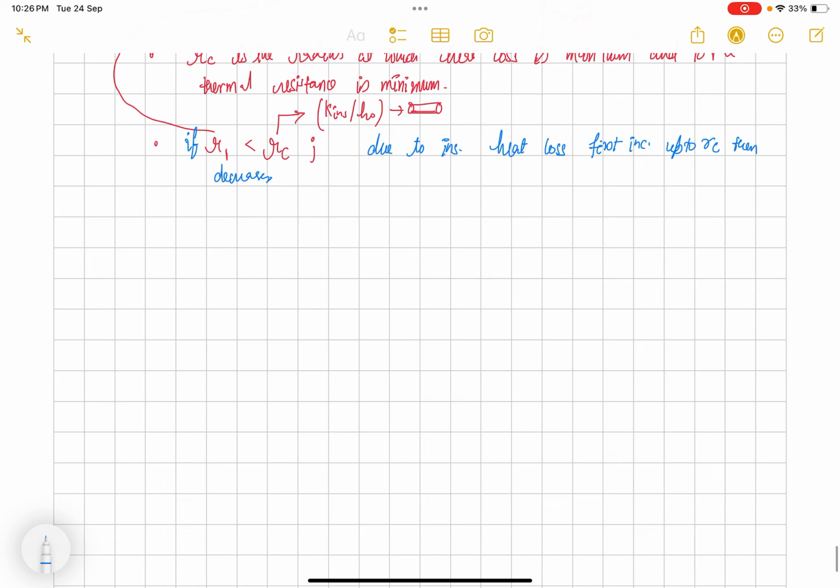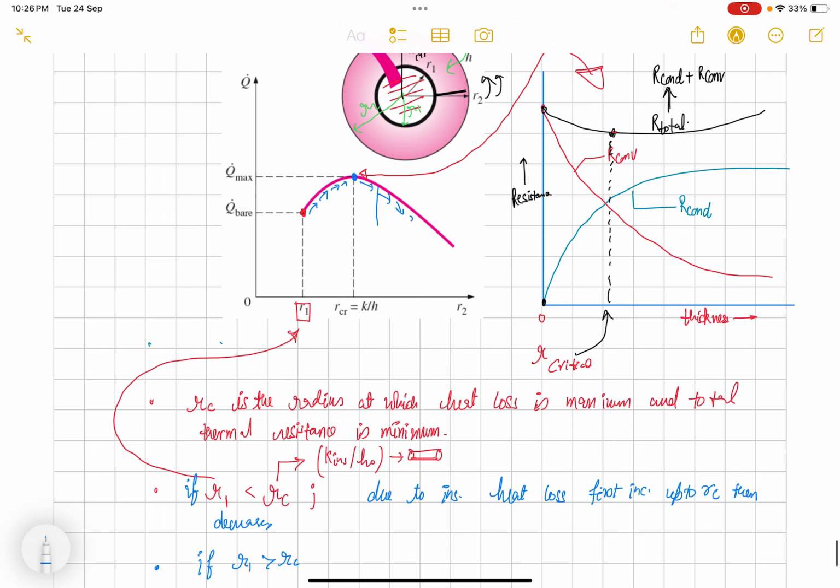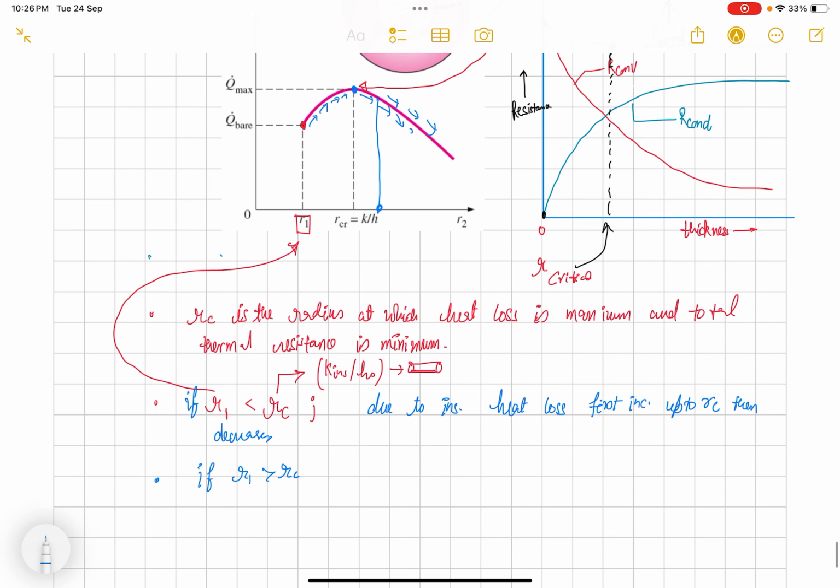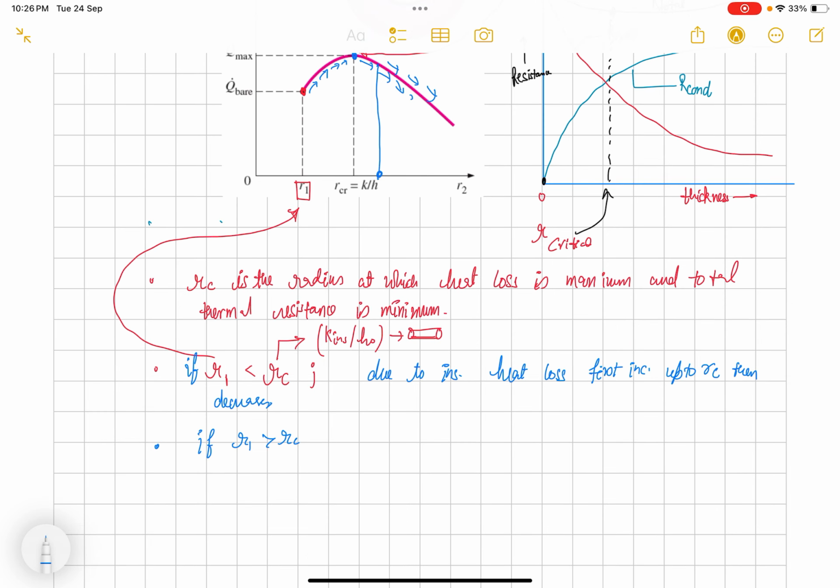Okay. Now let's see the flip side. When R1 is greater than RC, let's say we are here, the material size is more than the critical radius. So when material size is more than the critical radius, if we insulate, heat loss will always decrease, right? So let's say the steam pipe size is more than the critical radius, so if we insulate it, heat loss will decrease.